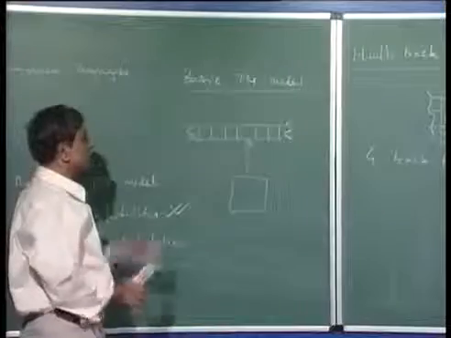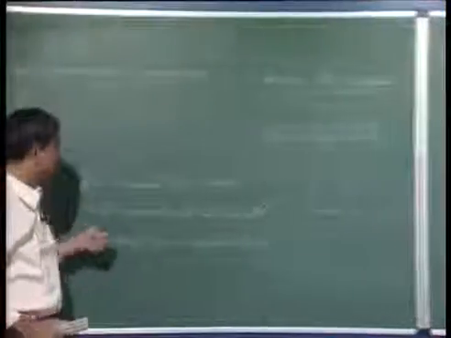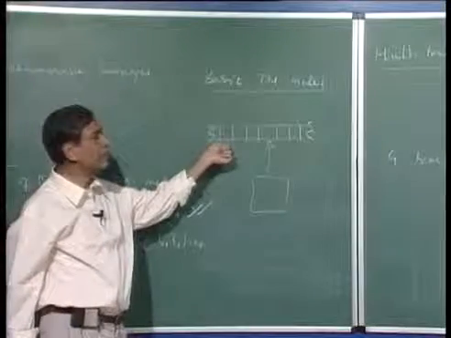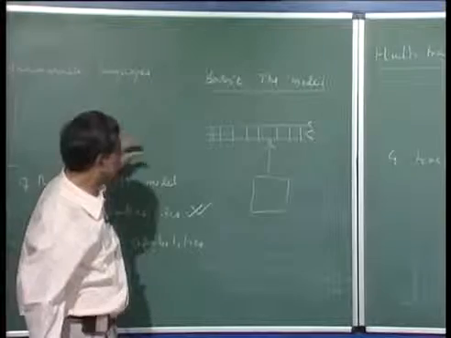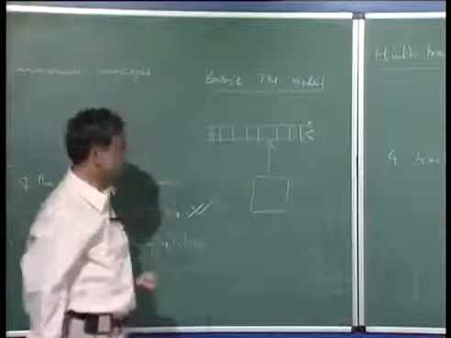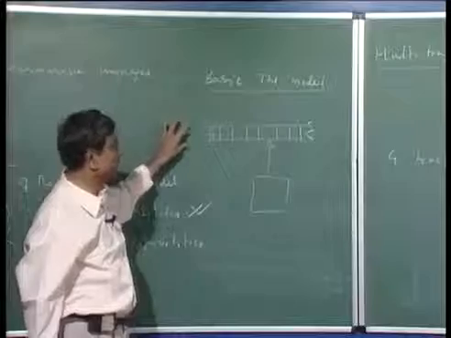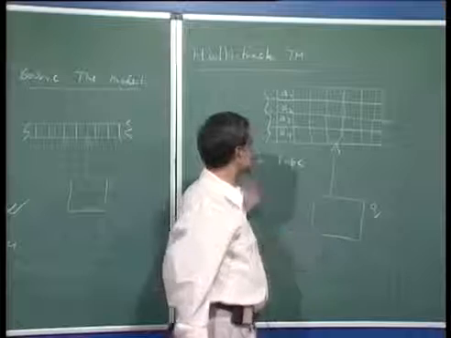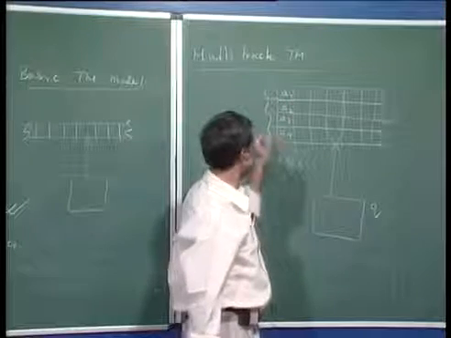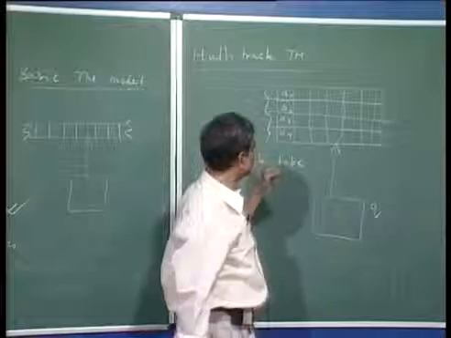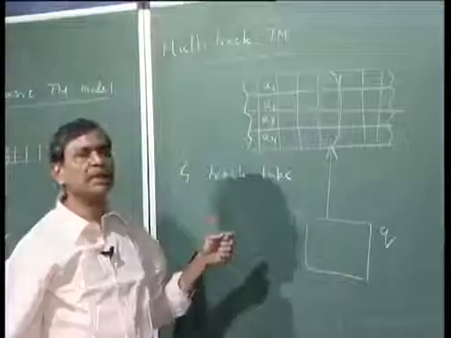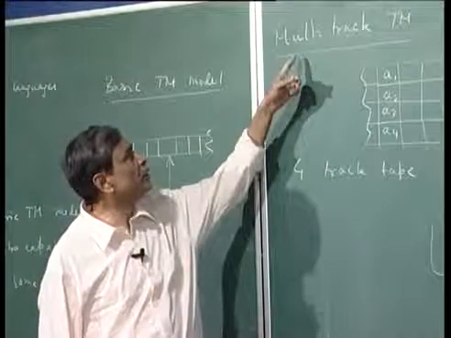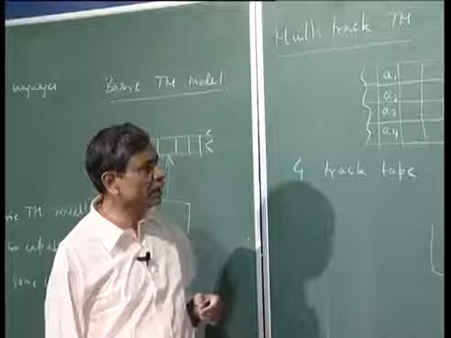We have added an extra capability to our basic Turing machine model. The basic model had only a single track in its tape, but in a multi-track Turing machine, we have several tracks. In this particular example picture, the tape has 4 tracks.